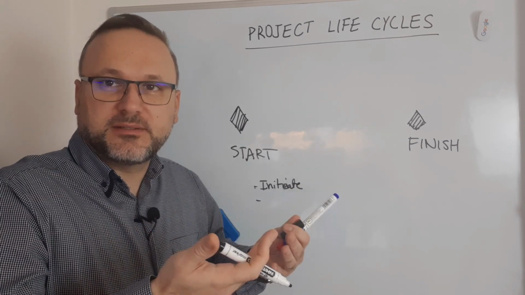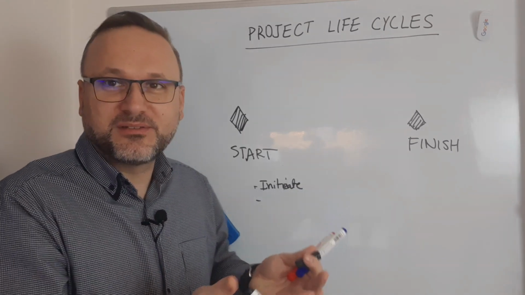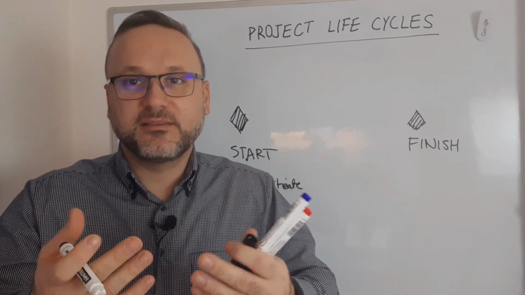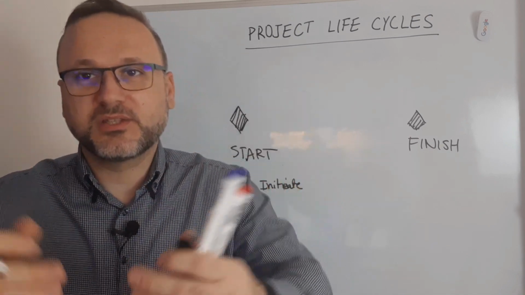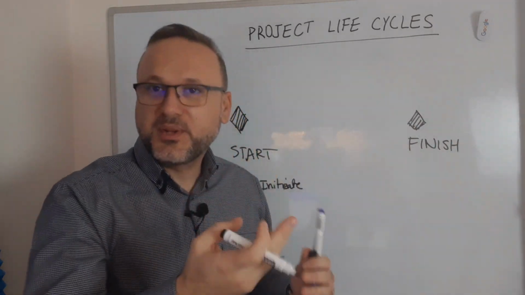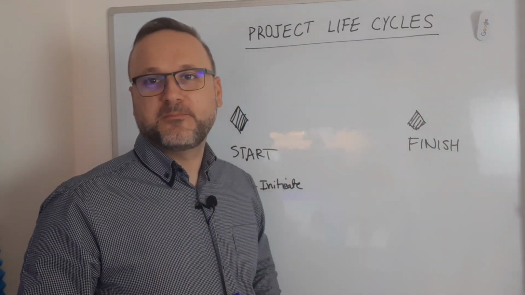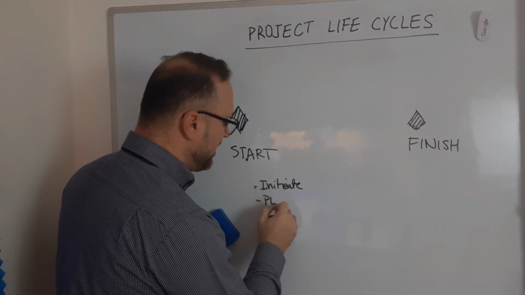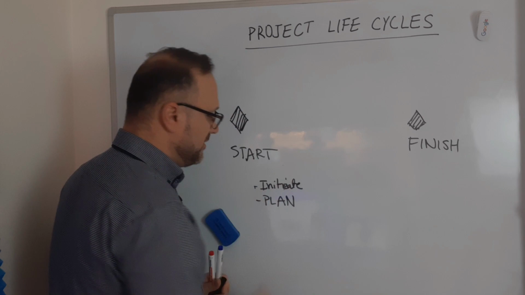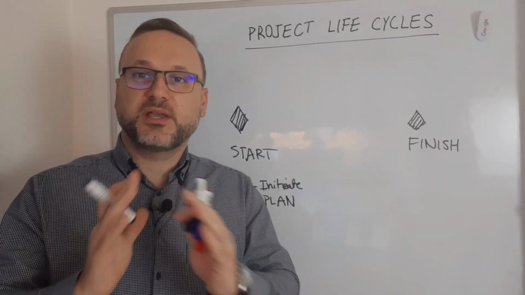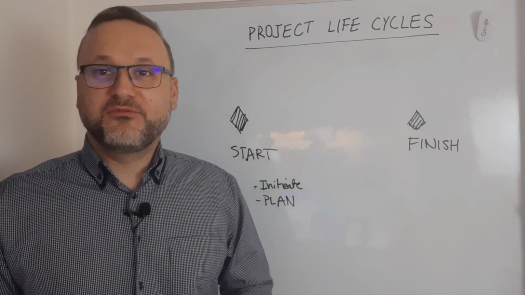Now, what's next? You have the documents, you have the contract, and you need to plan how you will execute this project, how you are going to deliver this product, service, and result. So, second part, you need to plan. The planning processes are a wide range of information.